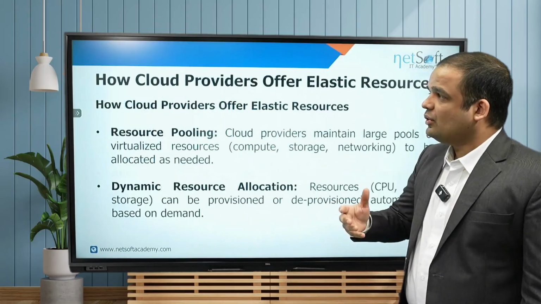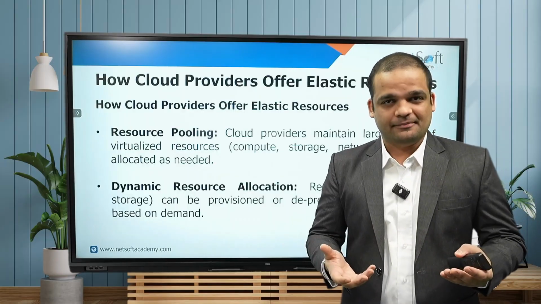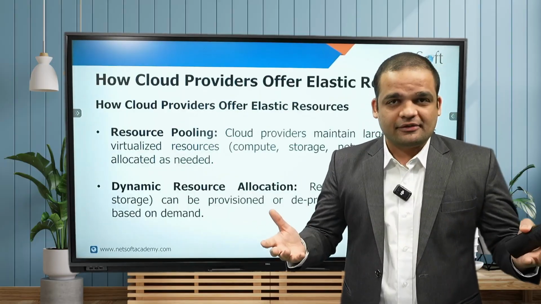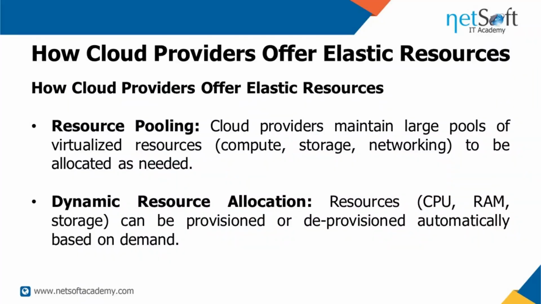Now, how do cloud platforms actually offer these elastic resources? Well, there are many ways. We will discuss some. The first one is resource pooling. Cloud providers like Azure, AWS, GCP, they basically use all these methodologies to provide you elasticity. So what is resource pooling here?